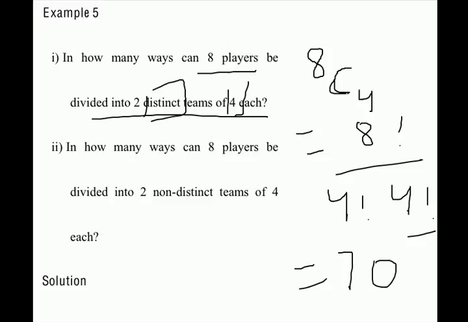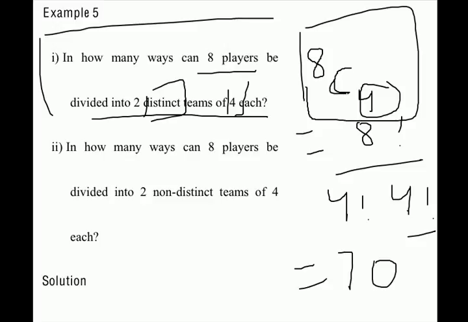In how many ways can you select 4 players out of 8 players to form 2 teams? Once you've selected these 4 players, the balance 4 would automatically go to the other team, and that's how you break down the problem into its logical steps and then apply this combination formula. So essentially we are saying, simply find out how many ways you can select 4 players out of 8 players.